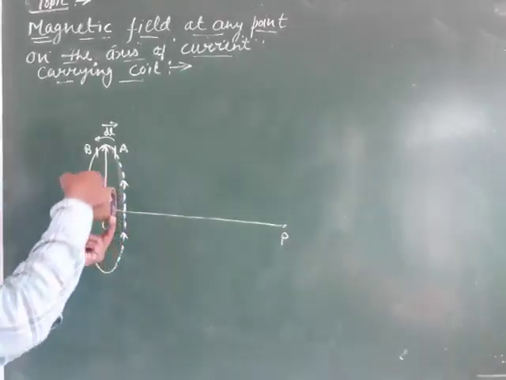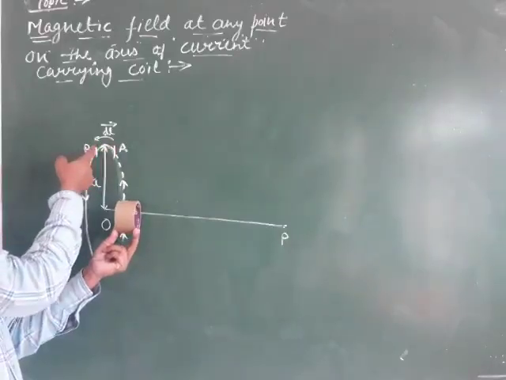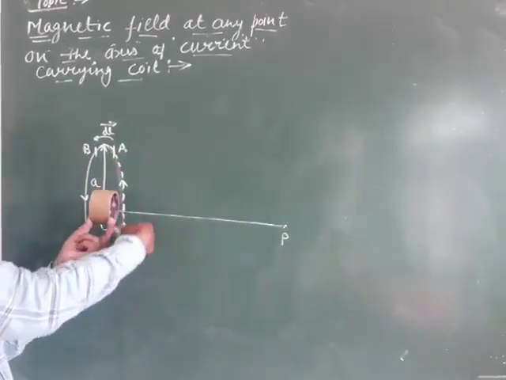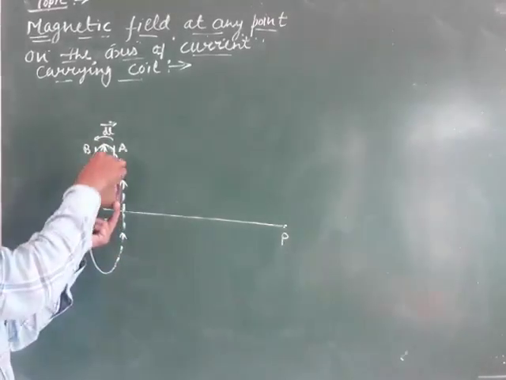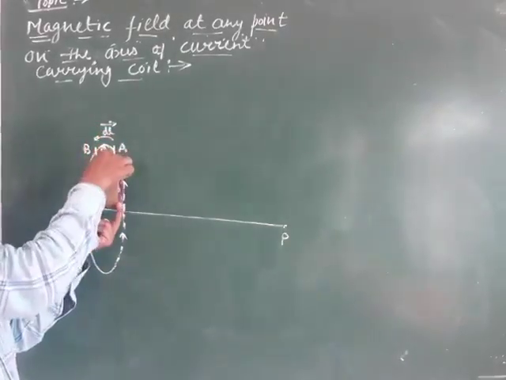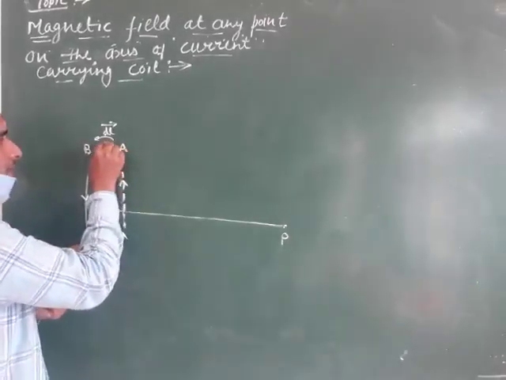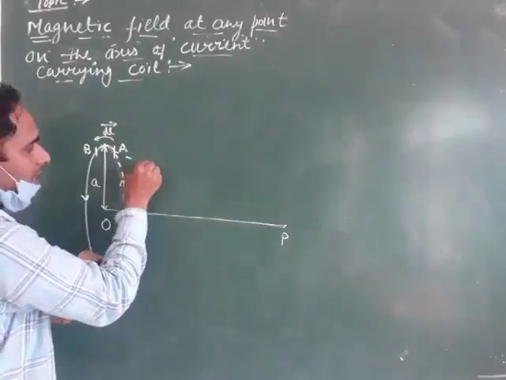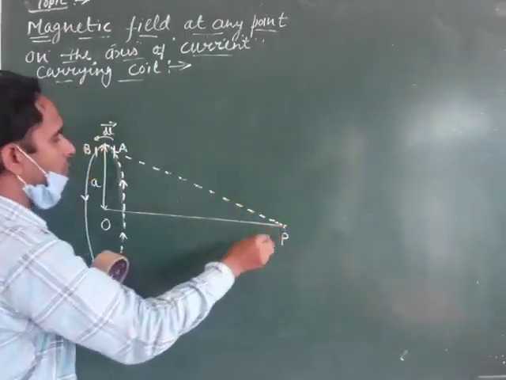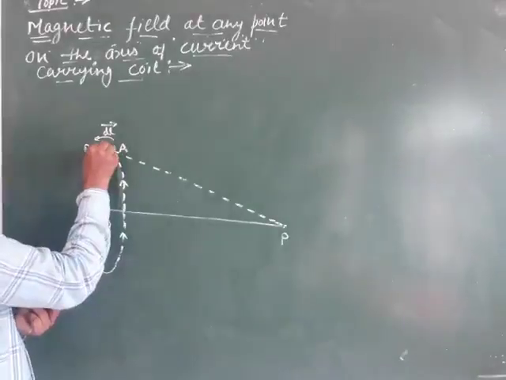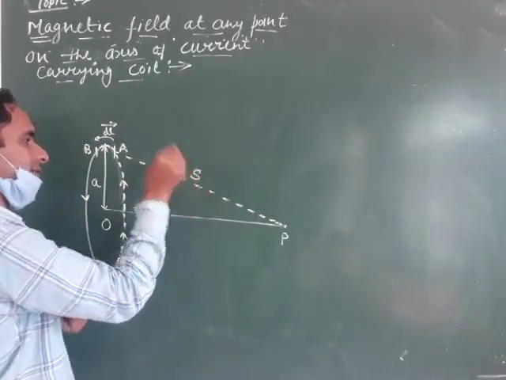What is the direction of the current element AB? It is coming in the outward side, so the direction of the current element is this side. Suppose we need to find the magnetic field intensity at point P. The distance from this current element to point P is s.